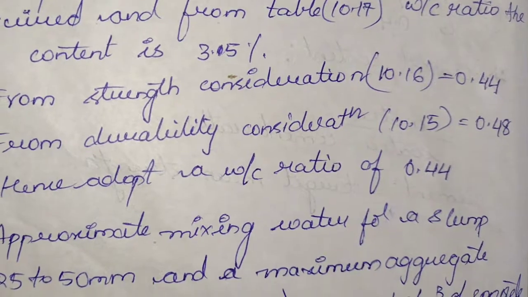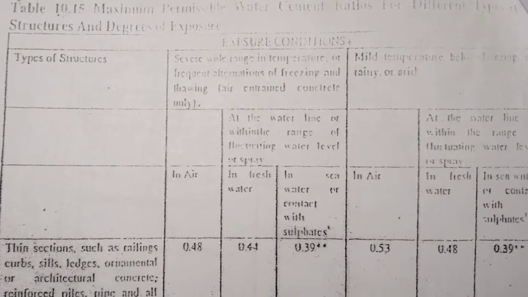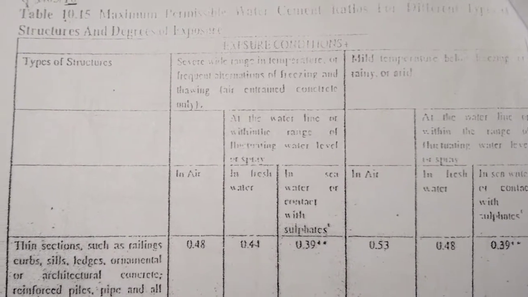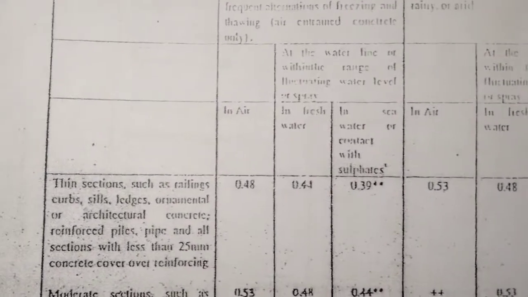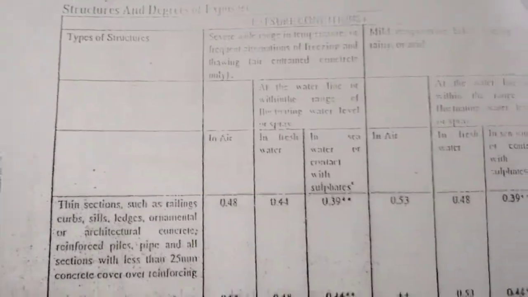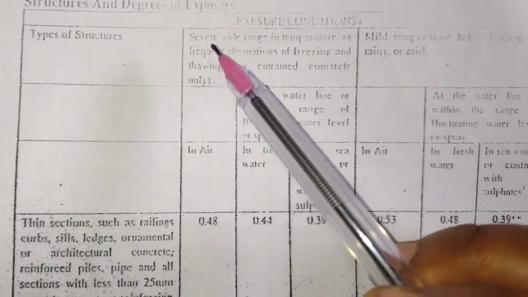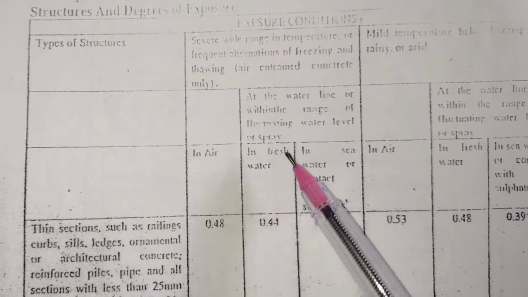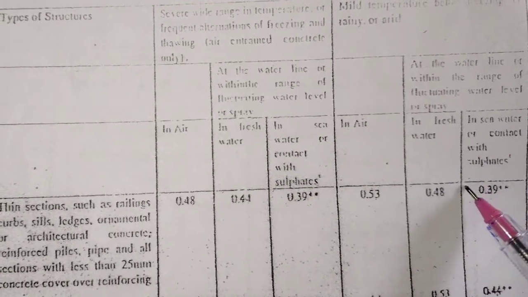Our next step is to calculate the water cement ratio from durability considerations using table 10.15. This table gives the maximum permissible water cement ratios for different exposure structures and degrees of exposure. The water cement ratio is given for different types of structures, and also for different exposure conditions. The types of structures are given on this side, and the exposure conditions, whether severe or mild, depend upon the temperature or exposure conditions like the water conditions: in air, fresh water or sea water.